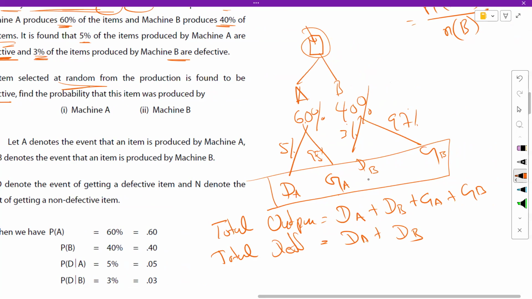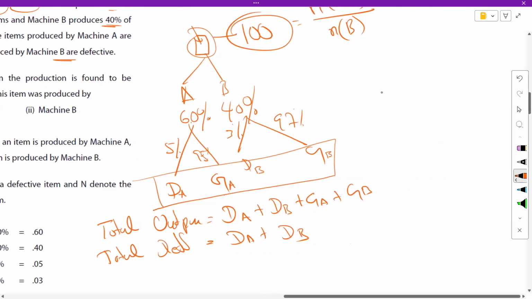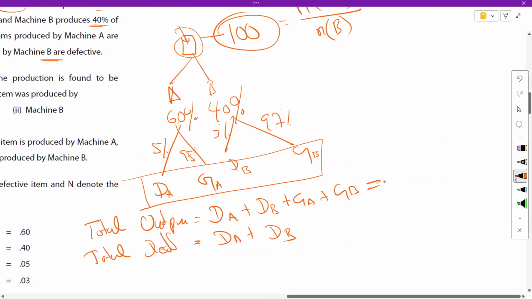Assume the machines produce a total of 100 items. Then total output is 100 units. And how much is total defective? Machine A produces 60, of which 5 items are defective.